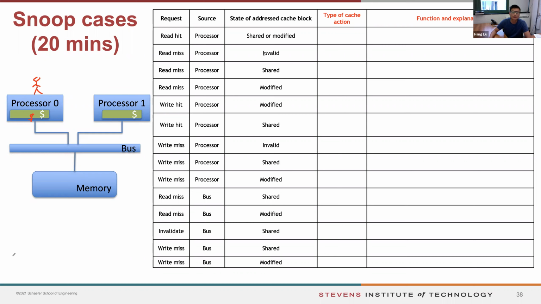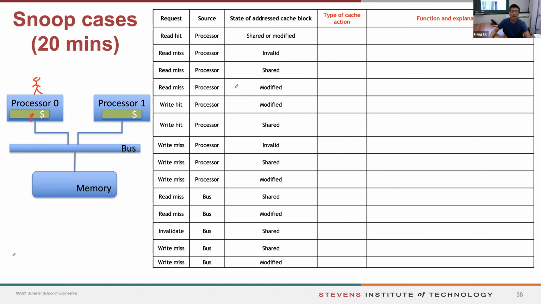What action do you take? You actually do nothing, because the data is already there and it's a read hit. Can you also work on the other cases? Like a read from the processor where the state is invalid, or where it's shared, etc. Use 20 minutes to think about it. Pause the video.